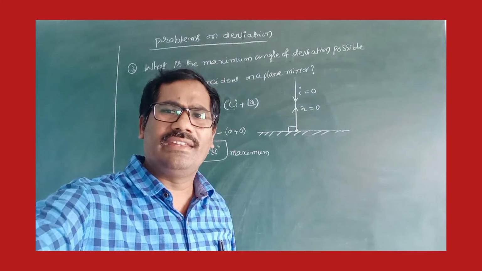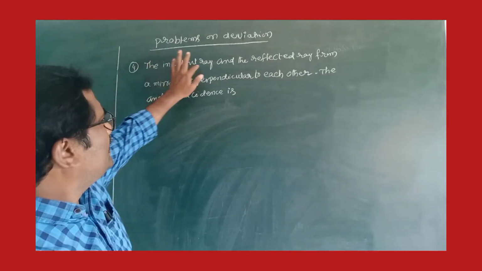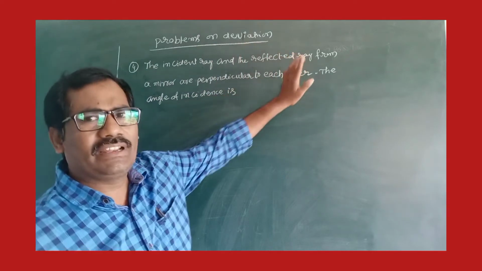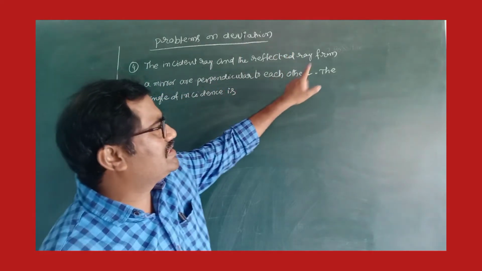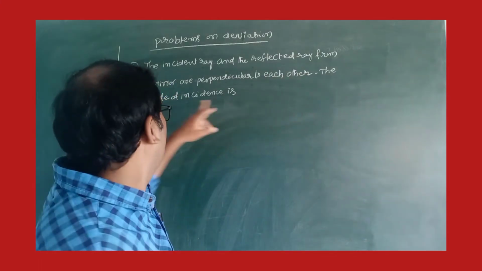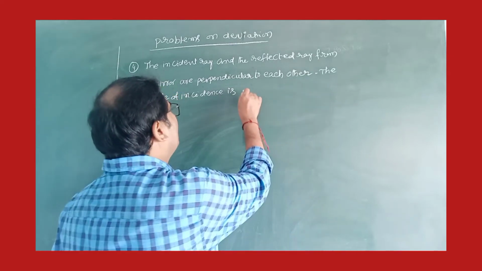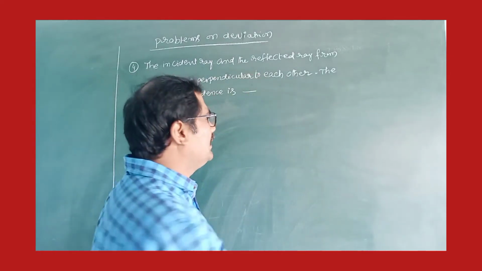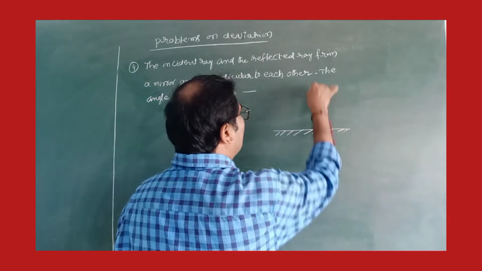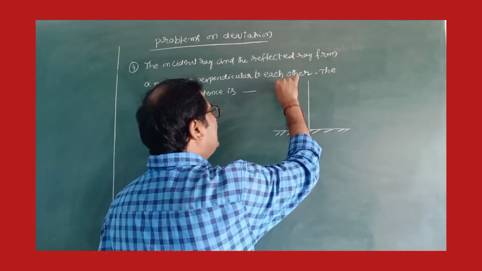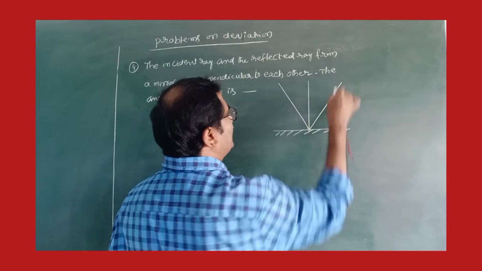The next one: the incident ray and the reflected ray from a mirror are perpendicular to each other. What is the angle of incidence? Here is the surface, this is the normal, this is the incident ray and the reflected ray.